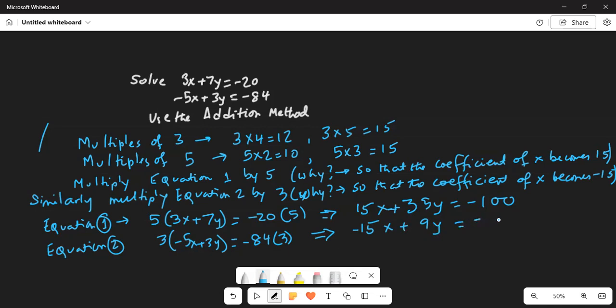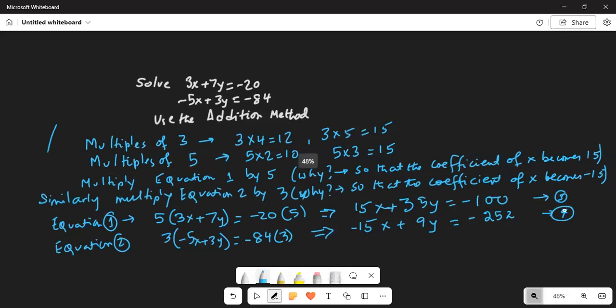Keep the negative sign and multiply 84 by 3: 3 fours are 12, 3 eights are 24, plus 1 is 25, so 252. Let's call these equation 3 and equation 4.